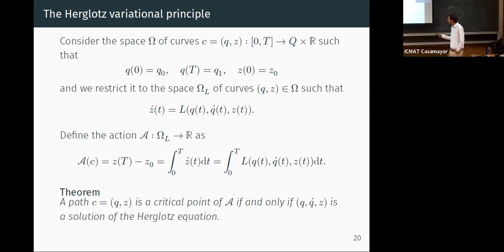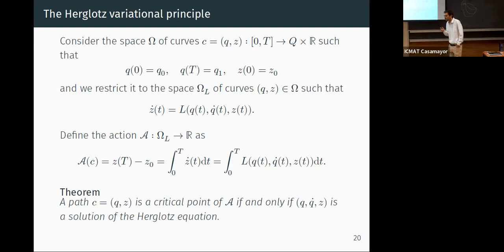Actually, one of the things I've noticed is that in these contact systems, it's usually better to work with dissipated quantities than with conserved quantities. So this volume is dissipated.